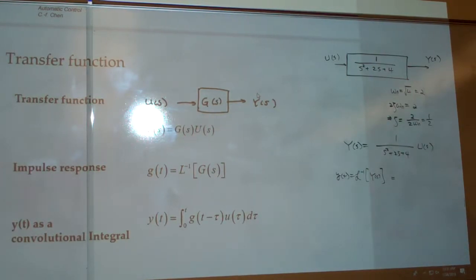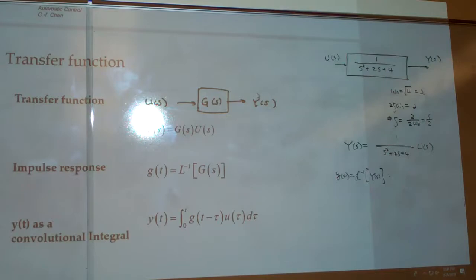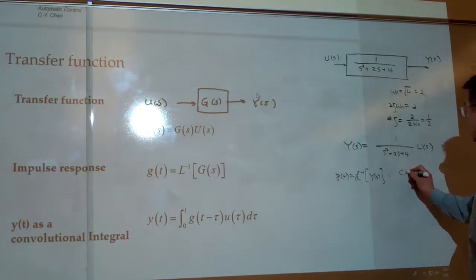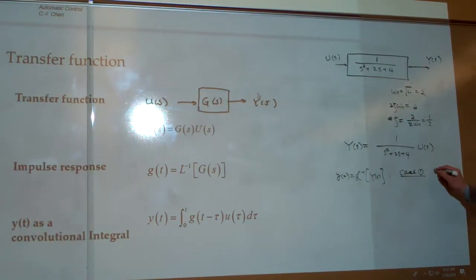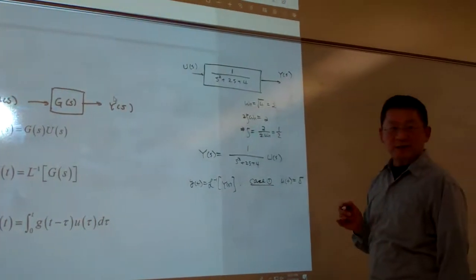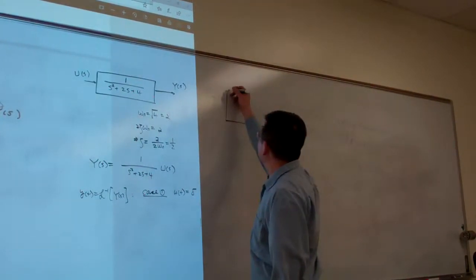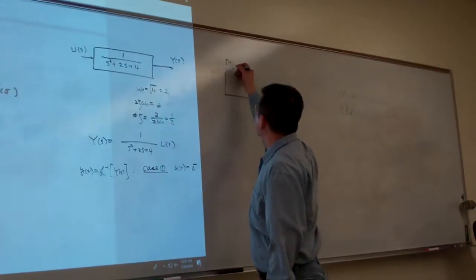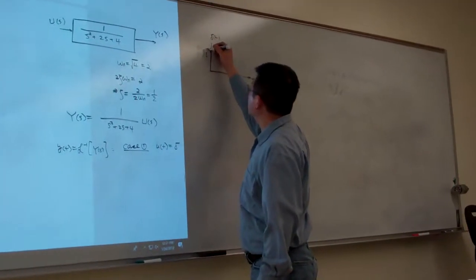For case 1, say u of t equals delta. What is delta? If you remember, delta of t is the unit impulse function.